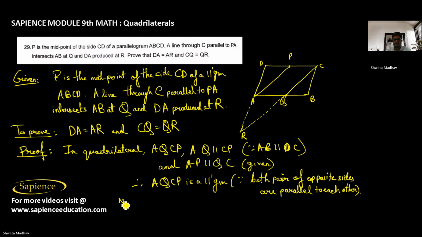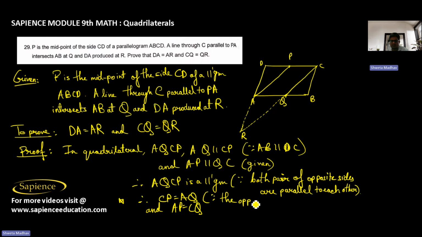Now, therefore we can see that CP equals AQ, since the opposite sides of a parallelogram are equal. CP equals AQ and also AP equals CQ.